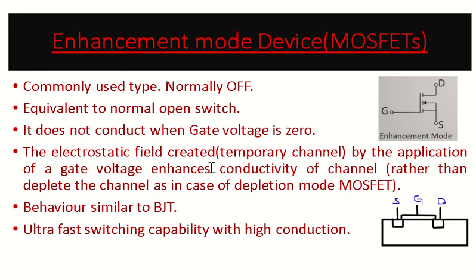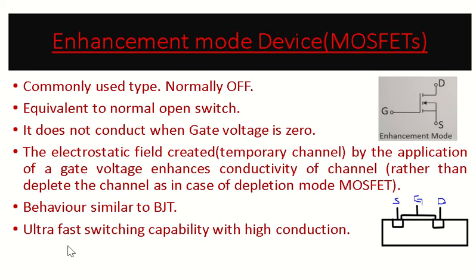As and when we apply a particular voltage, a temporary channel is created between source and drain, and due to this the conductivity of the channel starts. Next, the behavior is similar to BJT, except the terminals are different: emitter, gate and collector. The rest of the mode of operation in enhancement is almost the same.